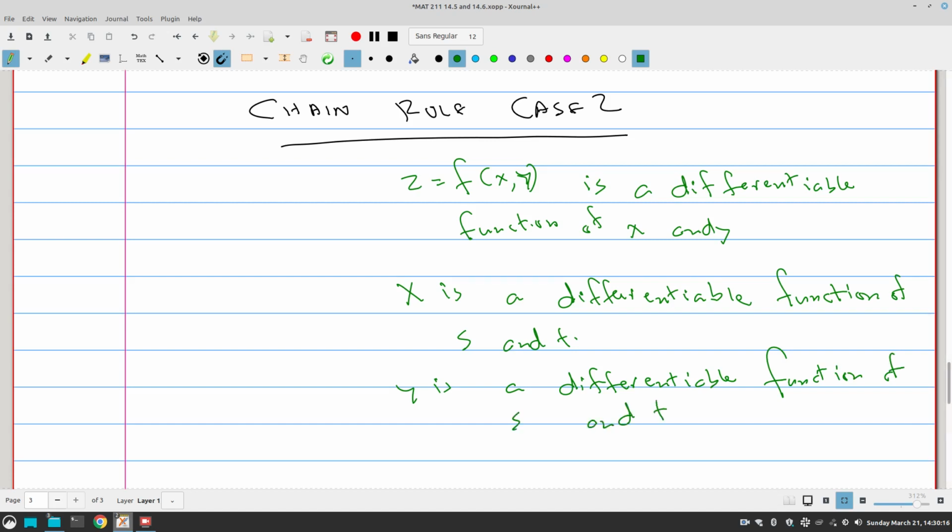So you say x equals g of s t, and y equals h of s t, right?